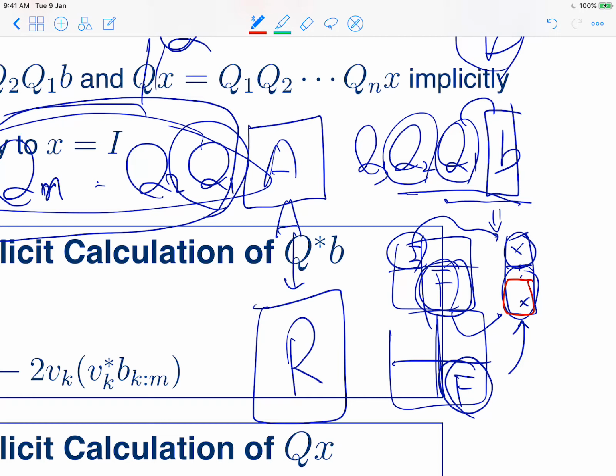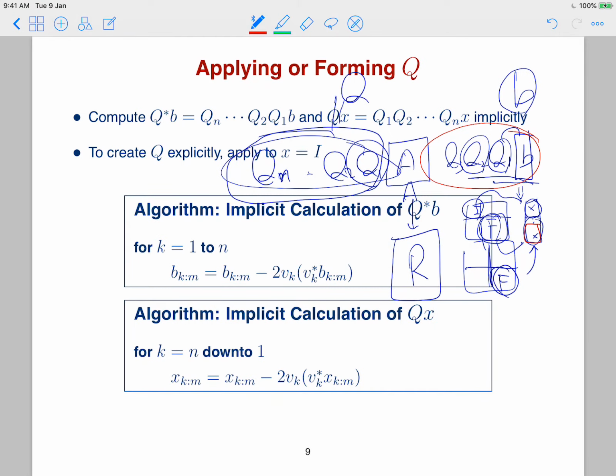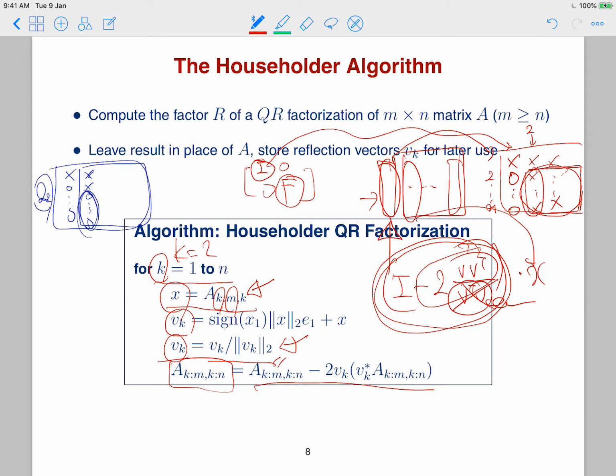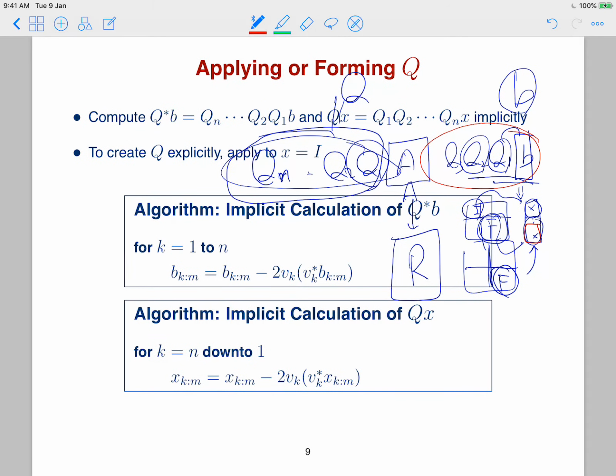So that way we can obtain this Q transpose B by just following this sequence of Householder orthogonalization, right? So in this process, we only need to add one more line to just keep updating our vector B. Okay. So that way, we don't actually need to explicitly obtain the Q.